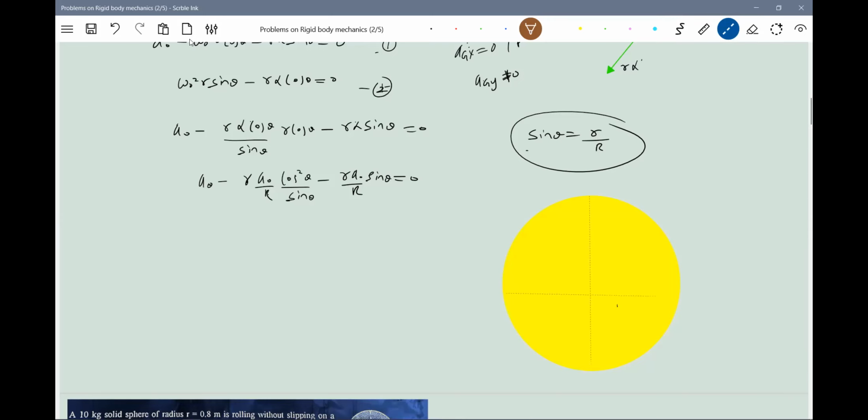Let me summarize everything so it'll be easy for you. So at various points, here A naught, R alpha, omega square R. Here A naught, R alpha. I think this diagram is the best diagram you can remember.